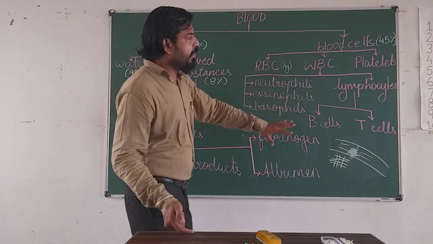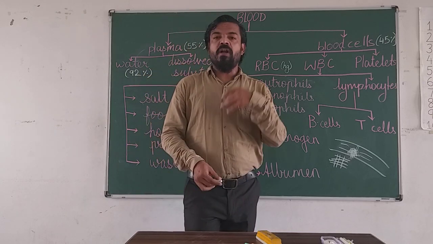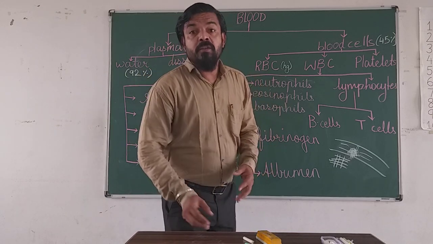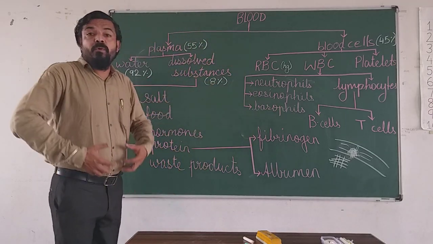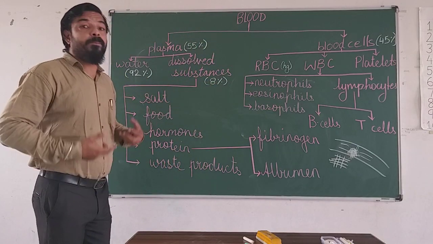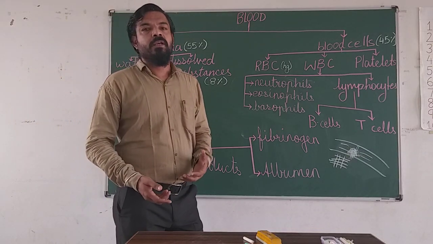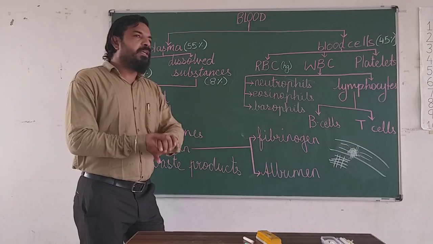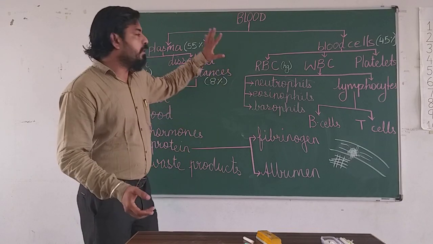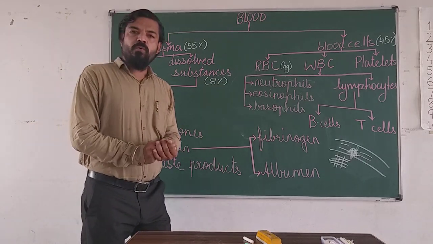And this way, your blood helps to protect your body, to transport the minerals, to transport the gases, to develop your body parts, to develop the proteins, to give all the salts and minerals which are present. So this is the only thing we need to understand. This is the blood. We understood what the blood is and what the types of cells are. Thank you very much. Have a nice day.